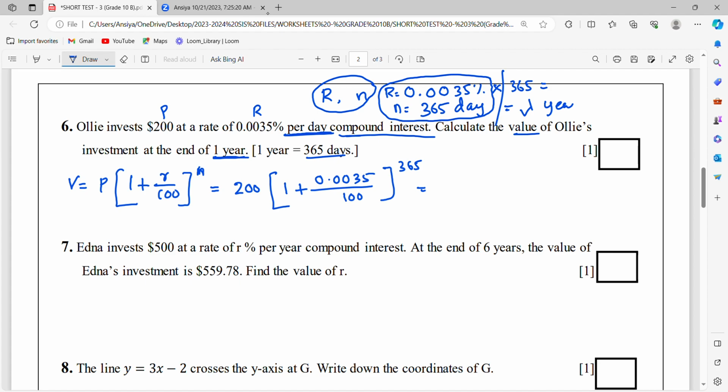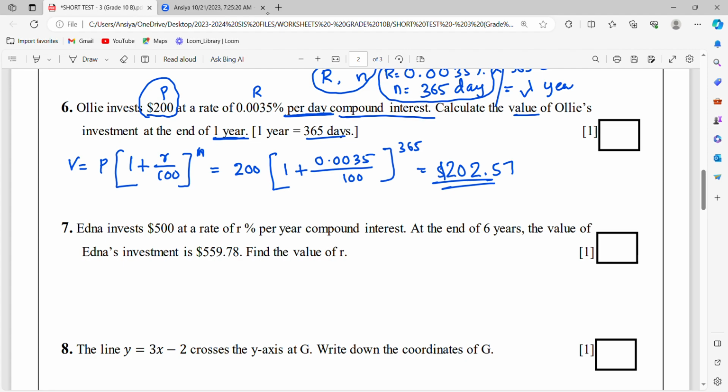So I get the number $202.57. So she invested $200, and after a year she gets an extra 2.57 compound interest. Okay, it's direct substitution. Only the unit part, be careful.